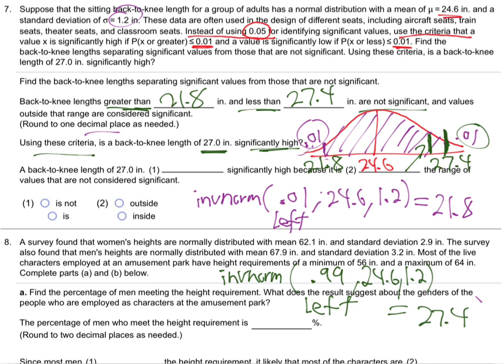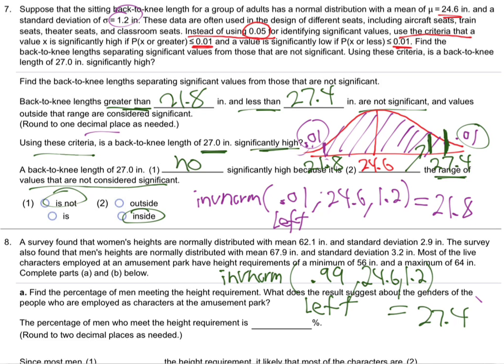It's not in the top 1% or bottom. It's still in the middle zone, which we're calling average, or not significantly high or low. So we'd say no, it is not significantly high because it is inside the range of values considered not significant. Does that make sense? So 27.0 would be right there.